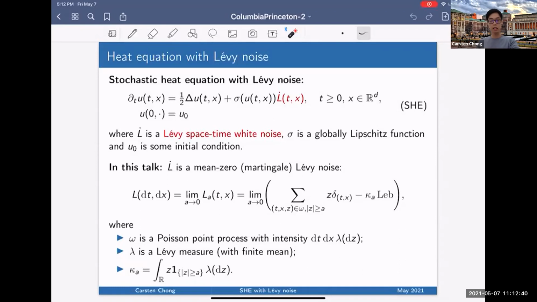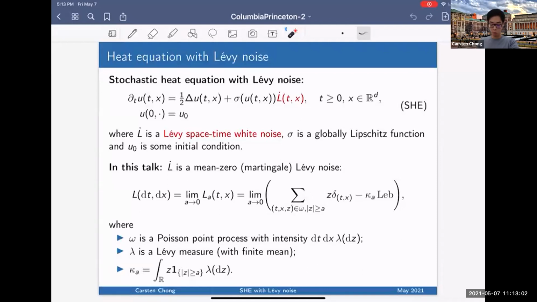And what you do then is basically the following. You take a bunch of Dirac delta masses and you put them onto the space-time points given by this Poisson point process omega, and you weight these Dirac delta masses by the jump size z. Then you sum up all these Dirac delta masses.